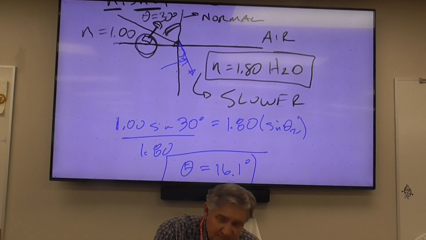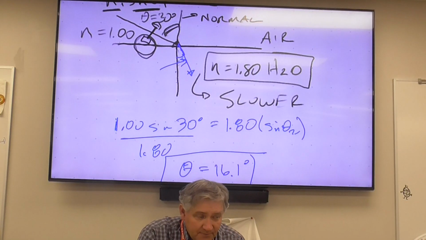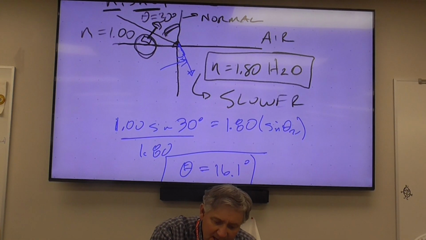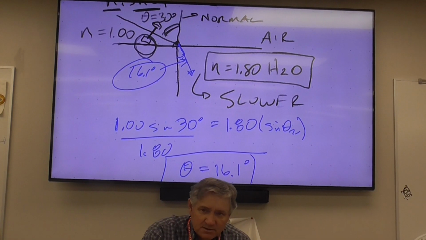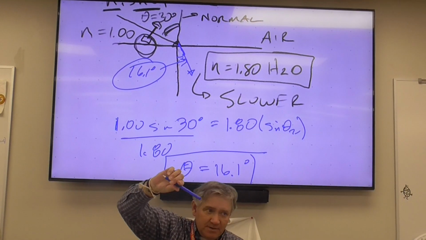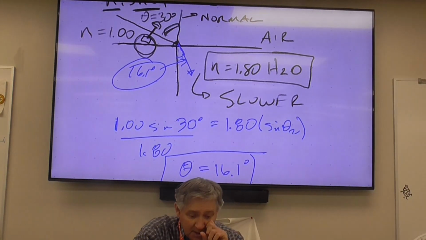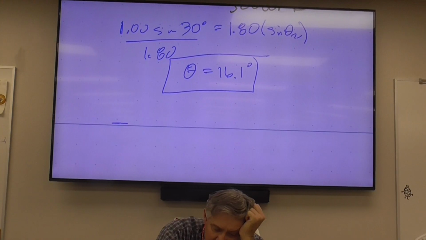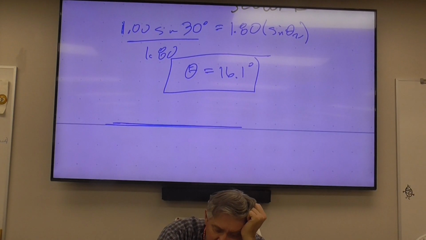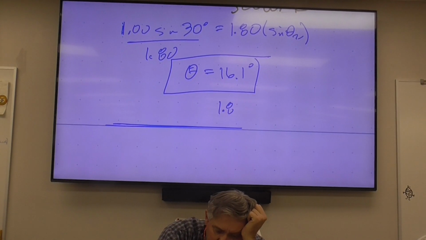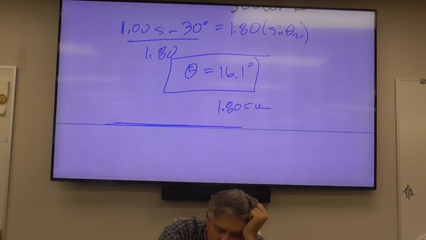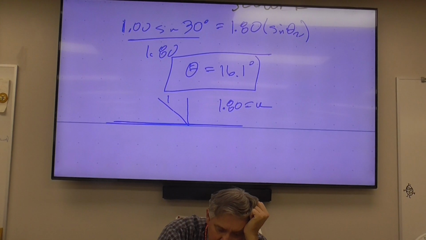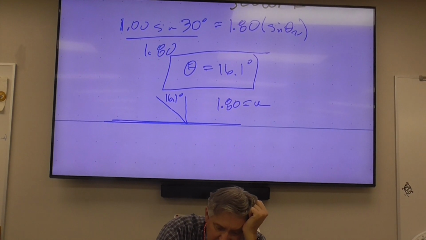Notice that because it's the angle with the vertical, not the angle with the horizontal, that angle became smaller because it got bent towards the vertical. Now, if you reverse the process, let's say here's that glass of 1.80, and the angle is 16.1 degrees.